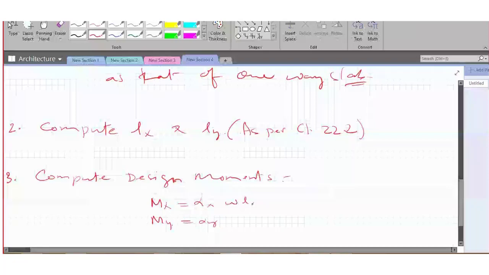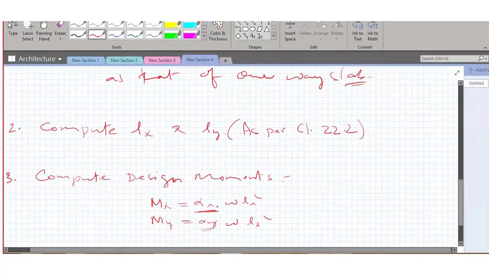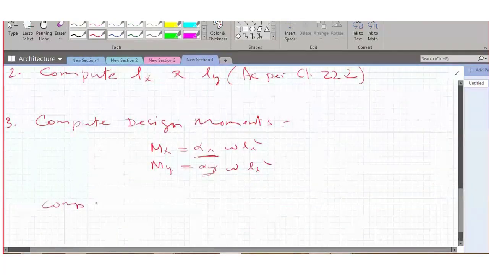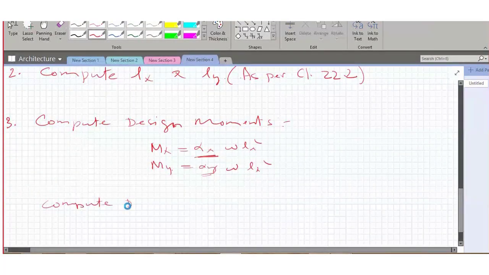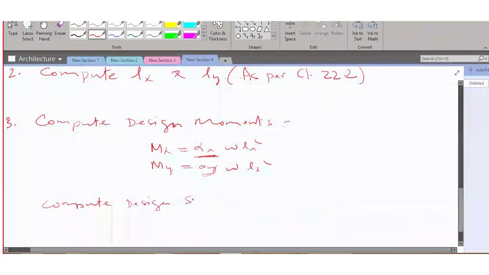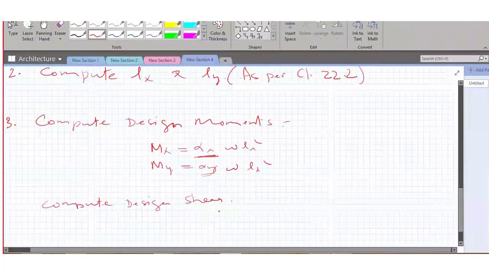Apart from this moment, you also compute the design shear force. How can you compute this design shear? Basically, you have the maximum shear about the shorter span, the ultimate shear.